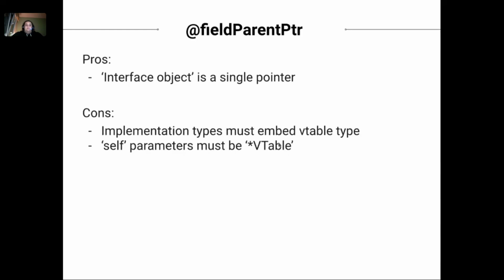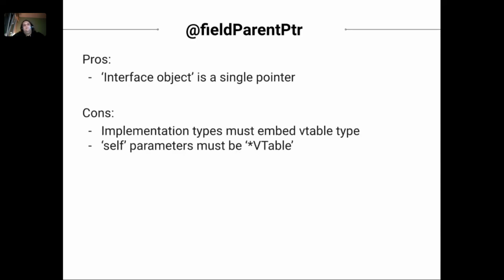Of course, one of the disadvantages is that the implementation type must somehow know about the vtable type or the interface type, because you have to use a field of the vtable type, which is not always ideal, and you could create some sort of wrapper to take some type that doesn't know about the vtable and somehow connect it all together.